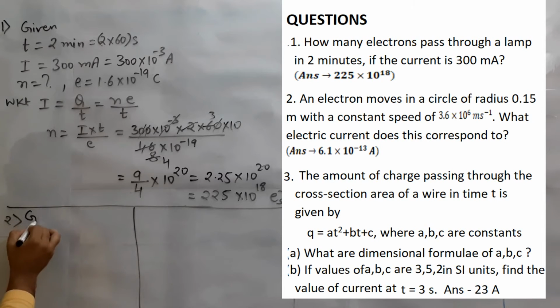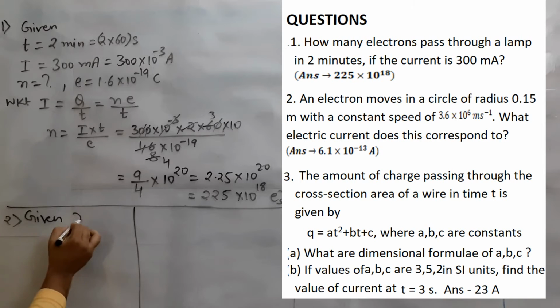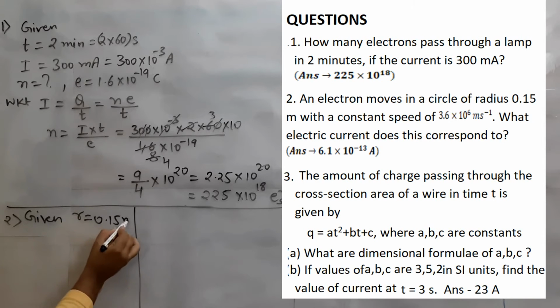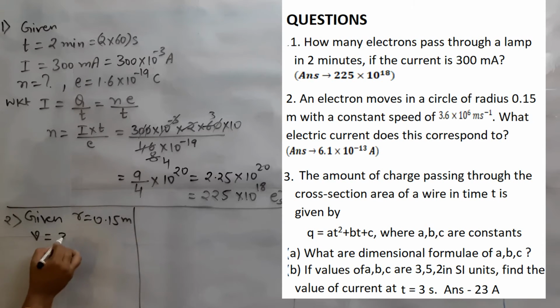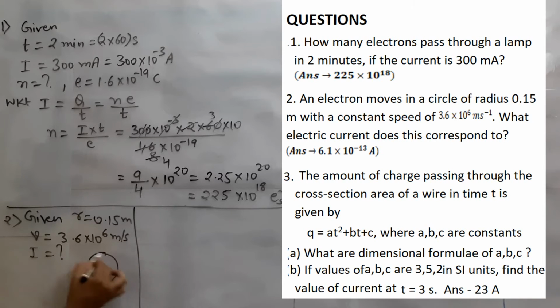The given factors are radius 0.15 meter and speed 3.6 into 10 to the power 6 meter per second, and we need to find the current. Here the electron is moving in a circle, suppose in a clockwise direction, so the current will be anti-clockwise for radius r.